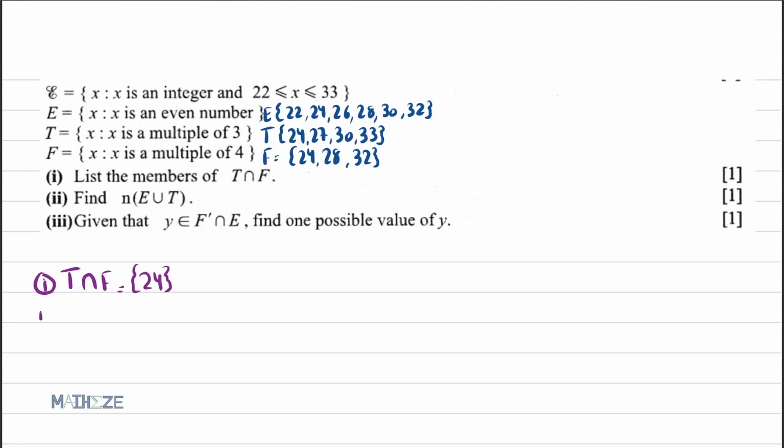Then it says find n of E union T. Let's find E union T first. All elements in E and T, but write only once for those elements which are repeated. It's going to be 22. 24 is coming in both the sets, but we'll write it once.